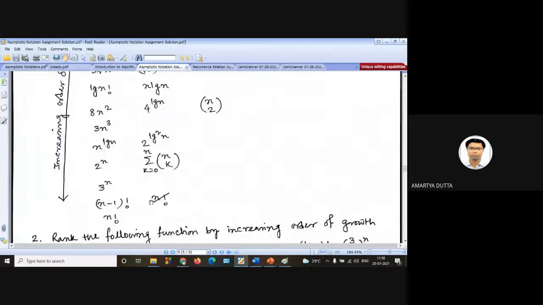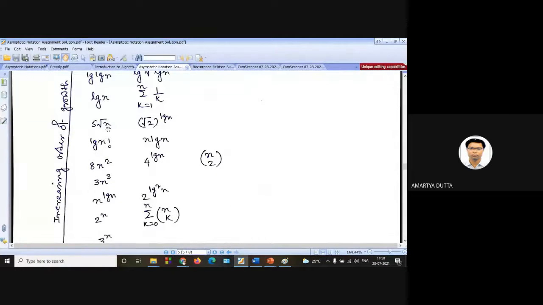Now here, root n is equal to root 2 whole to the power log n. These have the same growth of function, ignoring the constant term 5. Now log n factorial and n log n, we already deduced the formula: n factorial is the same as n log n.